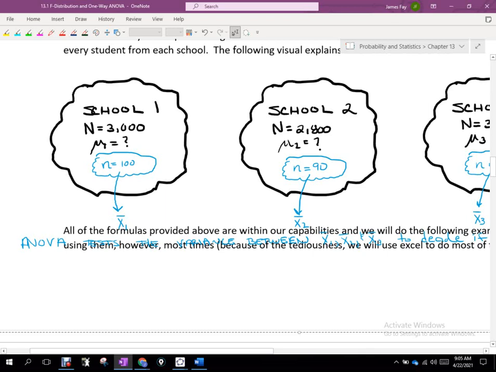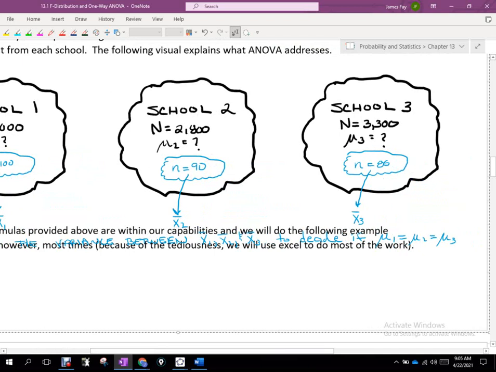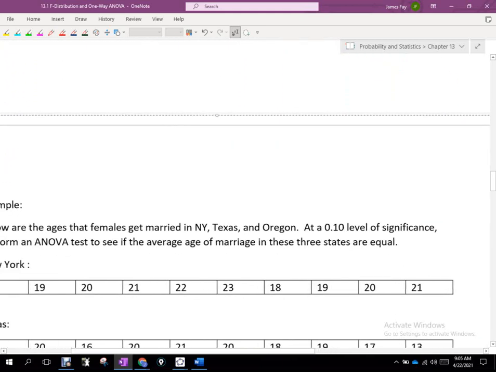Does that make sense? That would be comparing how all 3 of them vary to one another. So to decide, we test those to decide if mu 1, mu 2, and mu 3, the populations, are the same.